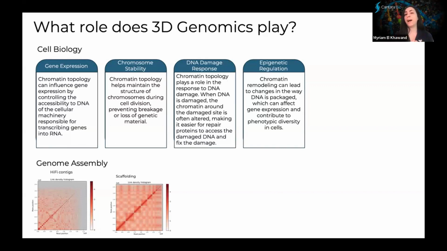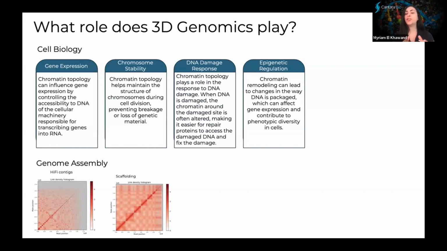So chromatin folding makes it easier for the repair proteins to access the damaged site or the damaged DNA and to repair it. Also, the chromatin remodeling, which is this dynamic change of the chromatin folding, is one of the epigenetic regulation mechanisms. It actually plays a role in gene expression by making it either easier or difficult for the transcription machinery to access a DNA site.